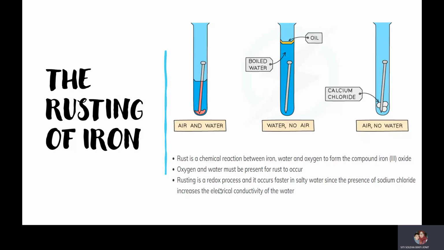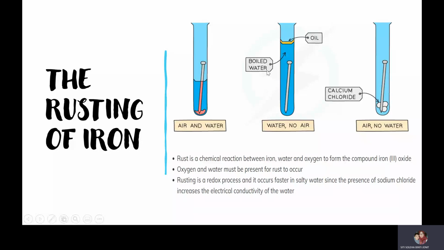Here are three test tubes containing iron steel under three different conditions. First, a test tube containing iron steel, air and water. Second, a test tube containing water with a layer of oil, so it prevents the air from penetrating in. And third, calcium chloride, air but no water.